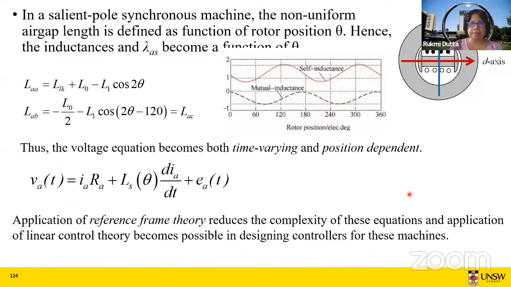That's the first key point that we must understand when we want to control a modern three-phase machine. And this concept is true even for the conventional synchronous machine, the induction machine, and obviously the PMSM.